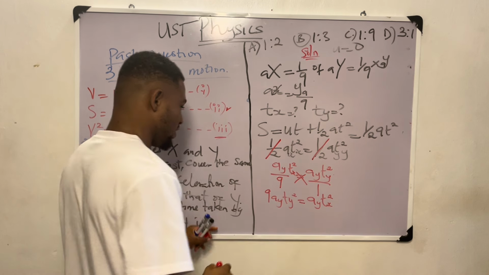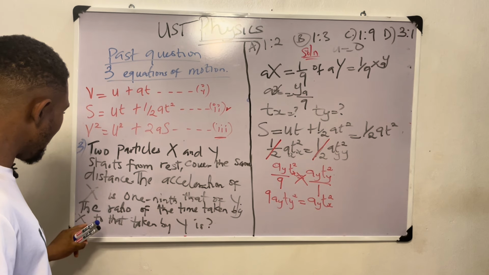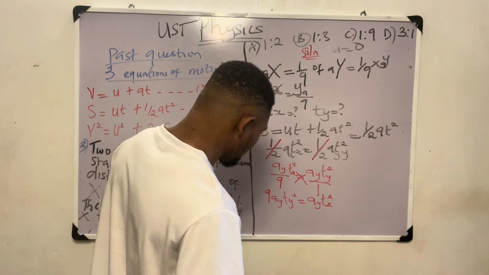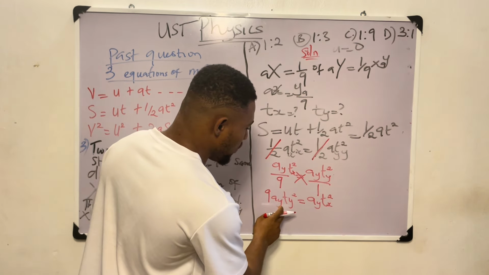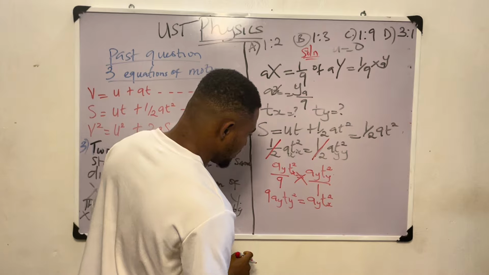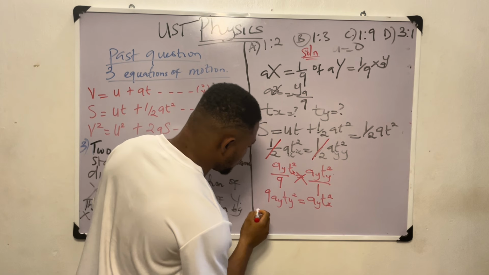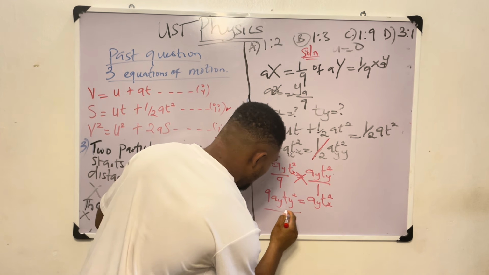According to the question, they want the ratio of the time taken by X to that of Y. So we divide both sides by AY Ty square.